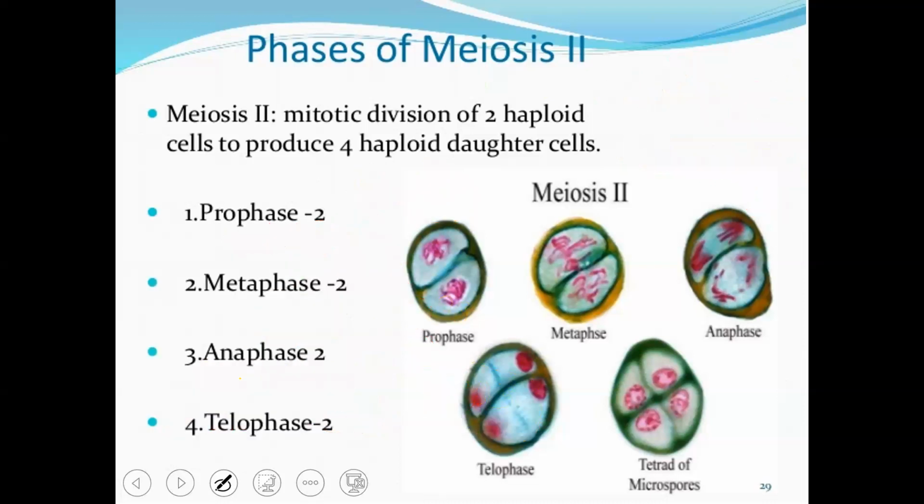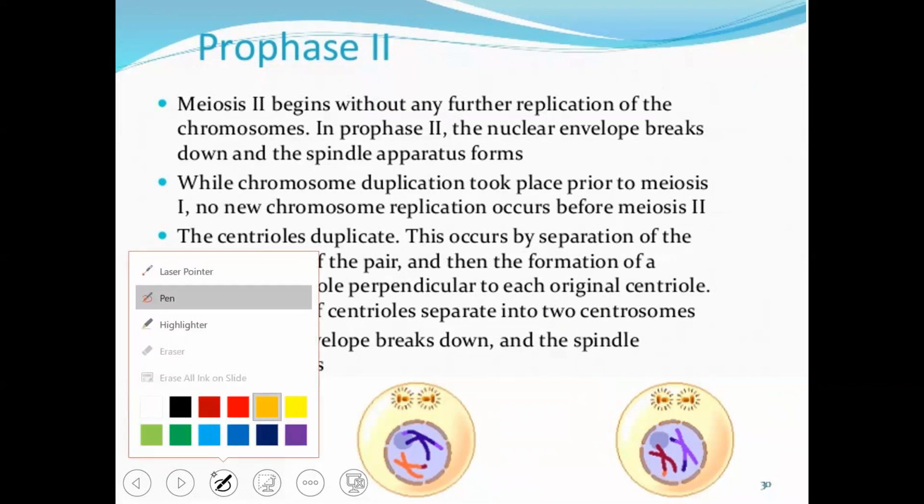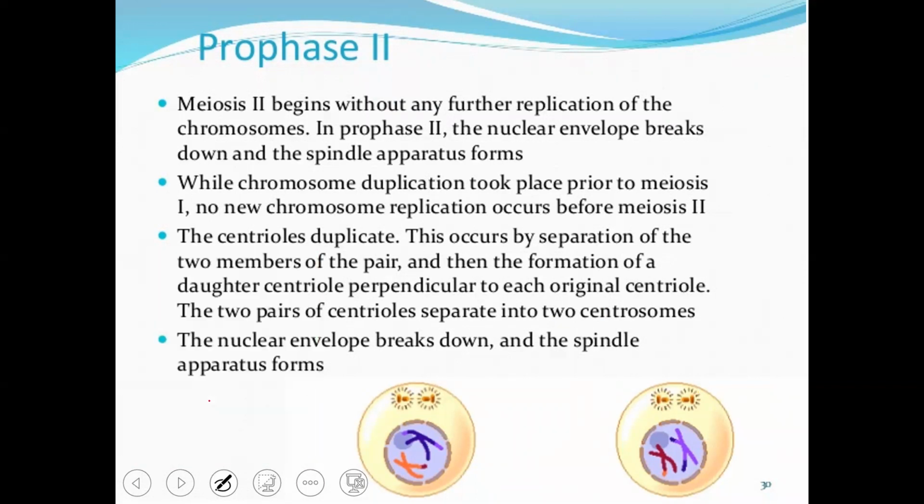You can see what happens in the prophase, metaphase, anaphase, and telophase. Ultimately, it forms the 4 daughter cells. In prophase 2, meiosis 2 begins without any further replication because there is no interphase between meiosis 1 and meiosis 2. The events in prophase 2 are not so elaborate, unlike prophase 1 of meiosis 1.